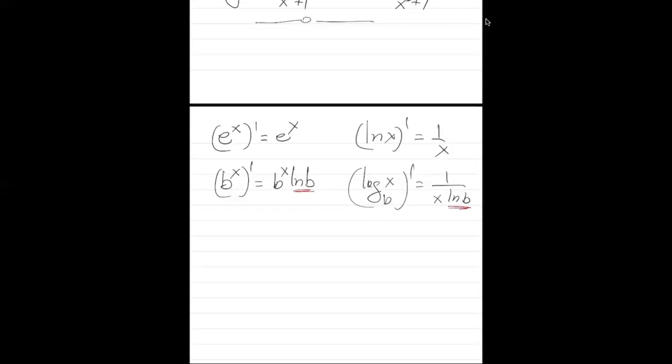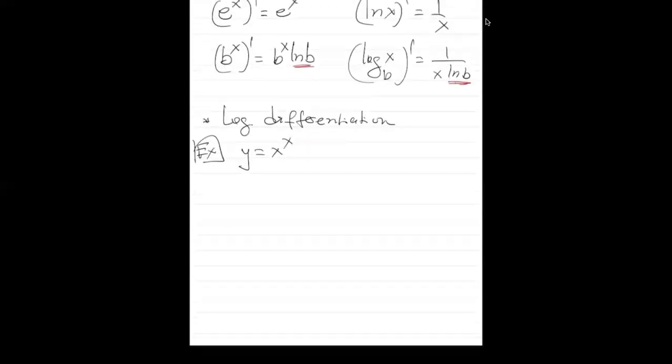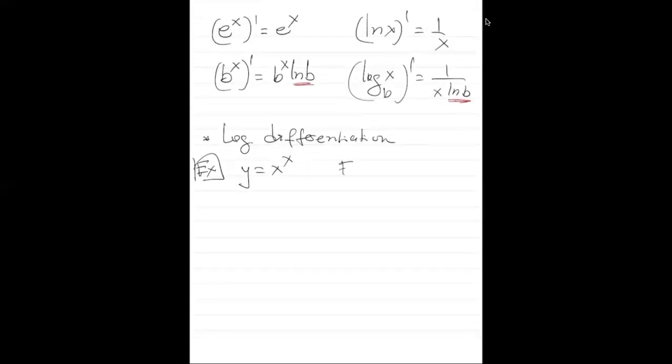And lastly, review logarithmic differentiation. For example, if I have y equals x to the x, and we did this in our 6.4 lecture. So if you want to find y prime, how do we do this? We take ln both sides.